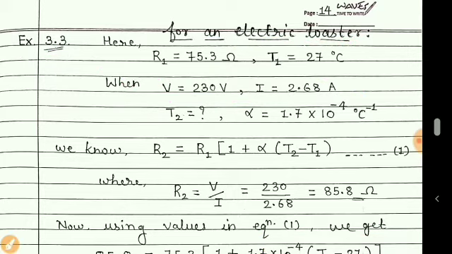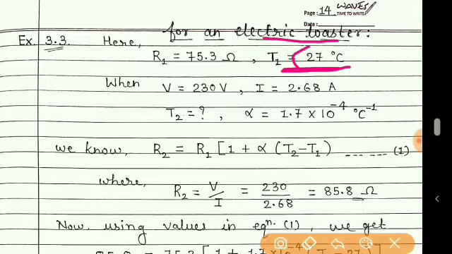So students, here it is given that at room temperature, when the switch is off for this toaster, the temperature is 27 degrees Celsius. At that time resistance is 75.3 ohm. So we have kept that resistance as R1, and the temperature as T1. Now the switch is made on, and so the temperature changed.